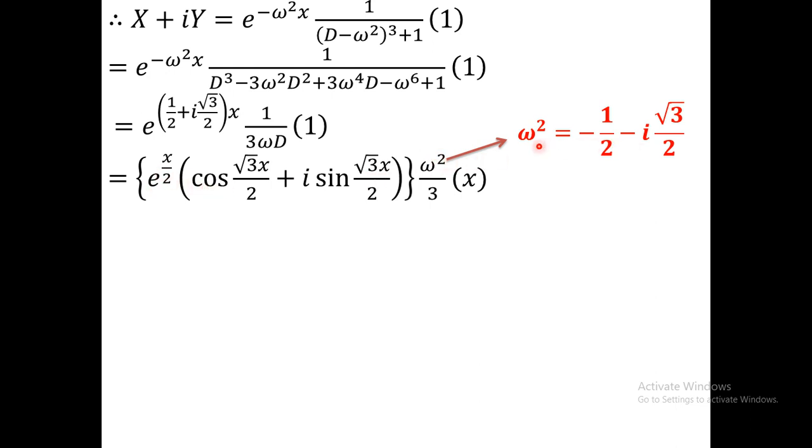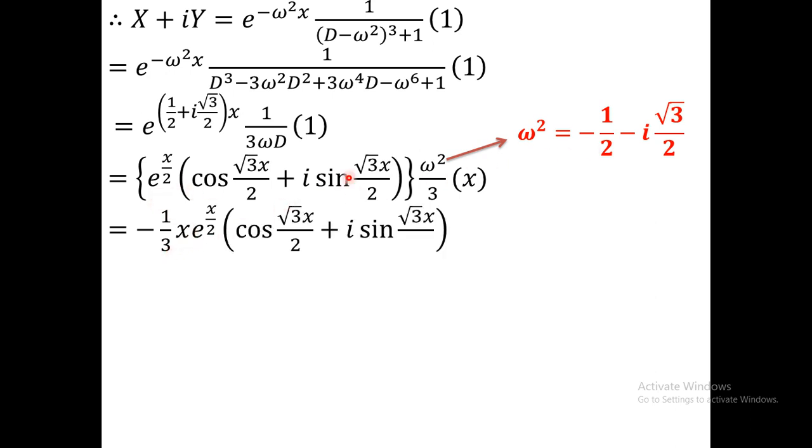I take -1 in front, therefore here I put omega square equal to half plus root 3 by 2 i root 3. So half 1/3 x e to the power x by 2, and the negative sign I take in front of that.